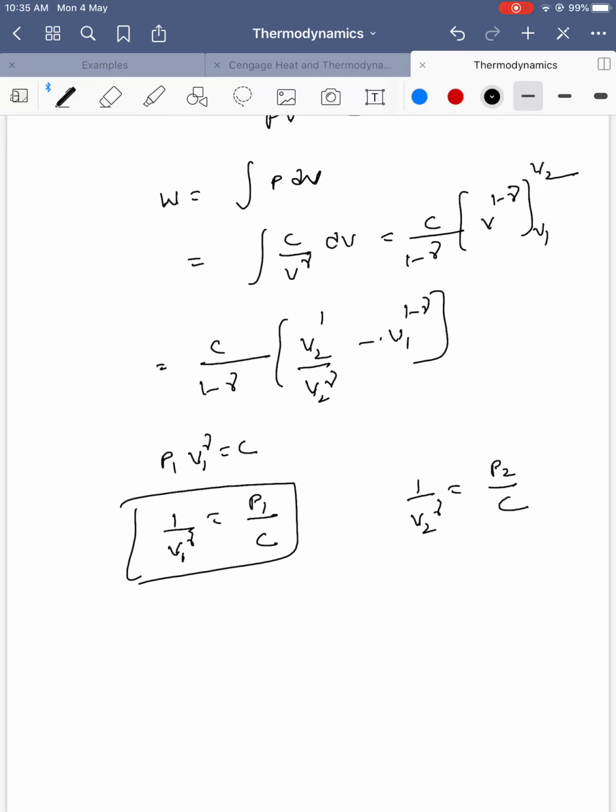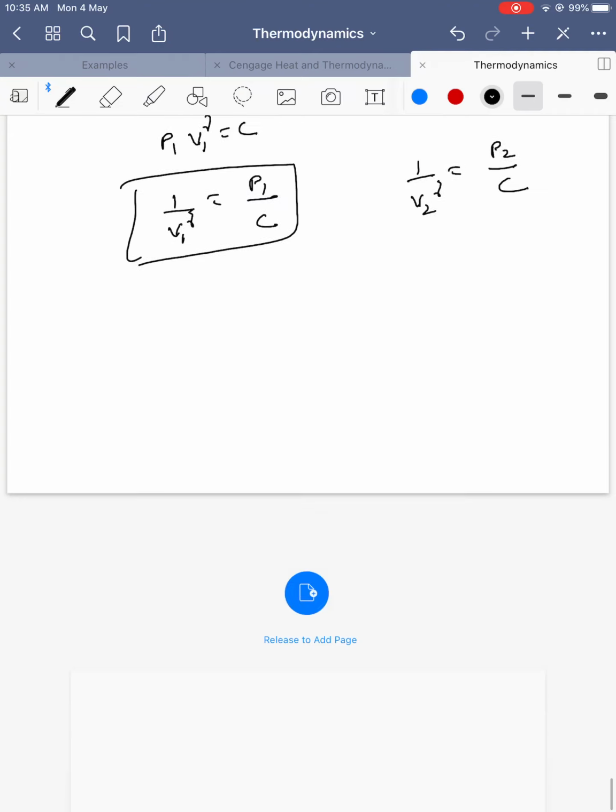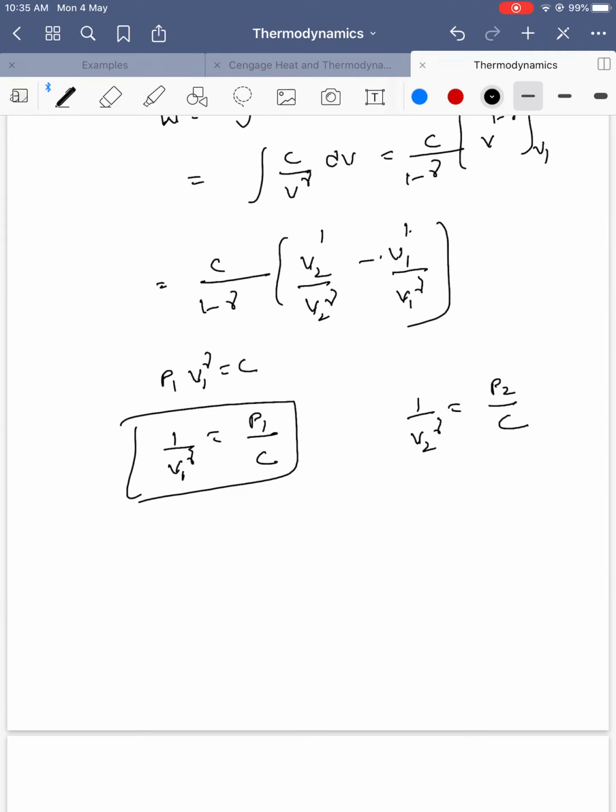I am making little variations, so it is equal to C by 1 minus gamma, V2 times 1 by V2 to the power gamma, which is P2 by C.